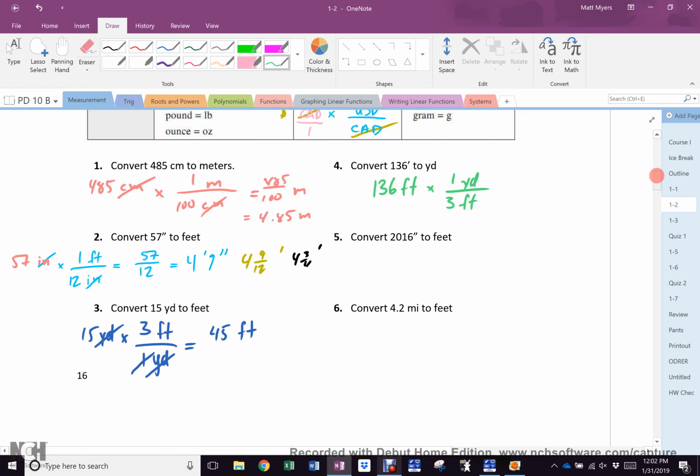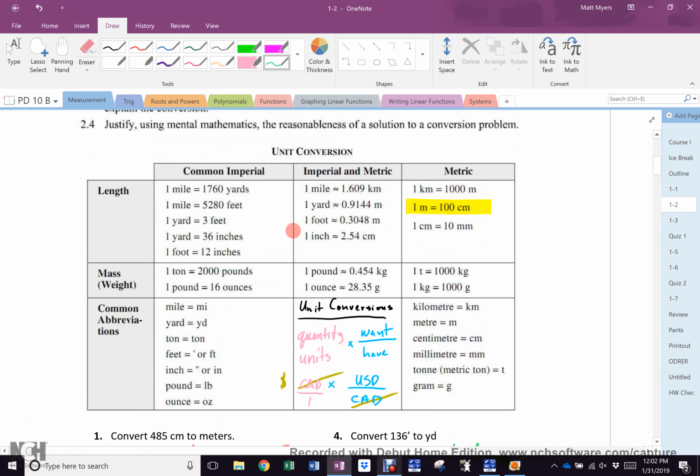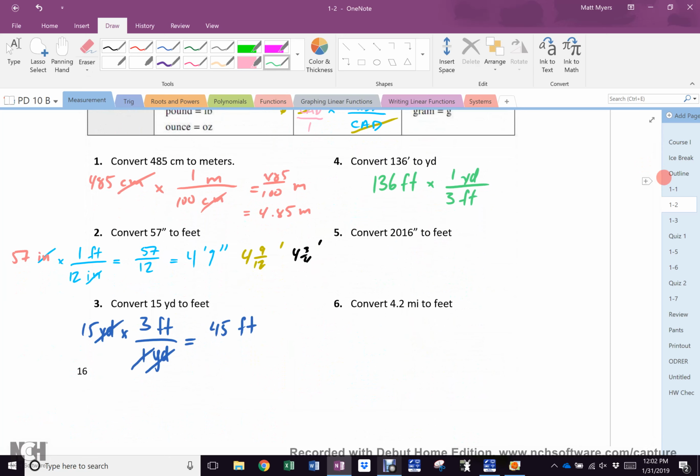Where do I get those numbers? From the chart. Remember, these are the easy ones. 1 yard, 3 feet. The 1 is with the yards, the 3 is with the feet. That's why if you write it out, it's impossible to do this wrong. The feet cancel. The 1 cancels, and I get 136 over 3.